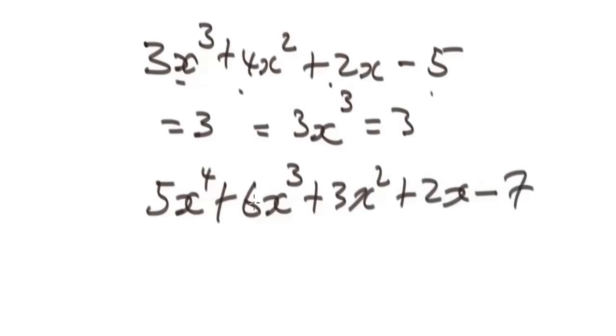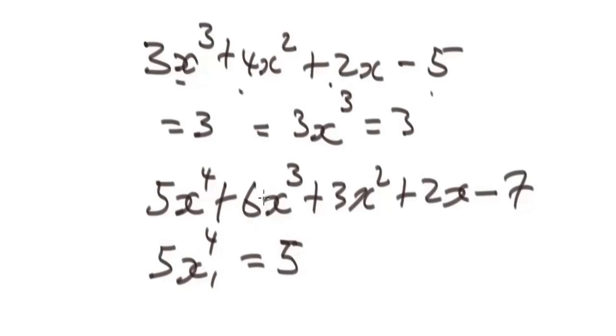This is a quartic polynomial, with the highest power of x being 4. The leading term here will be 5x to the power 4, and the leading coefficient will be 5. So this is it for quartic polynomial.